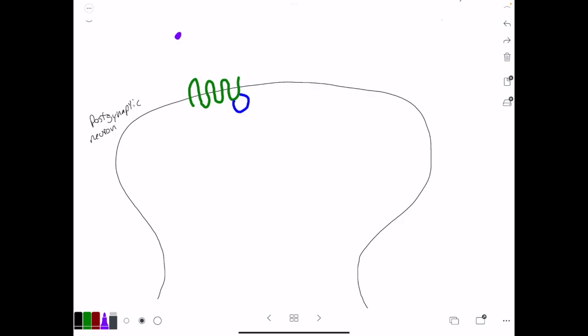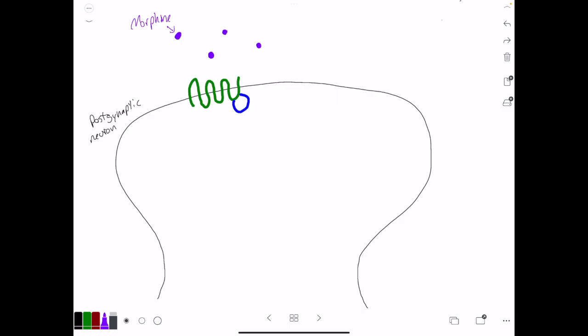In this case, I said that this was morphine, but this will be similar for other exogenous opioids like fentanyl, heroin, OxyContin, and so forth.